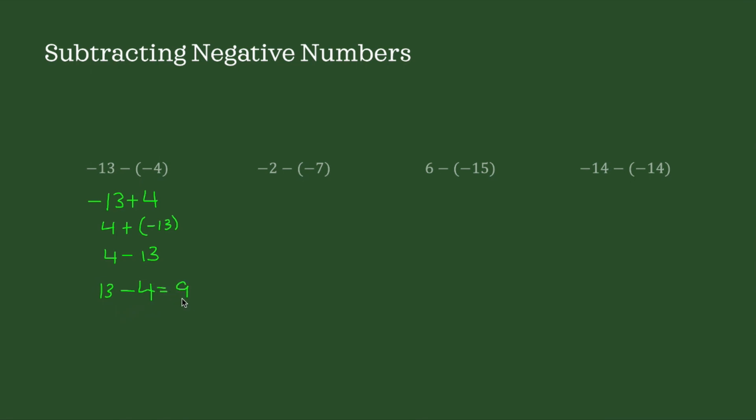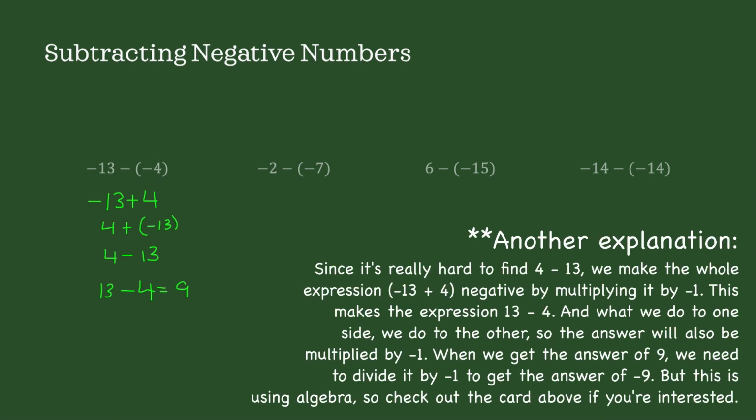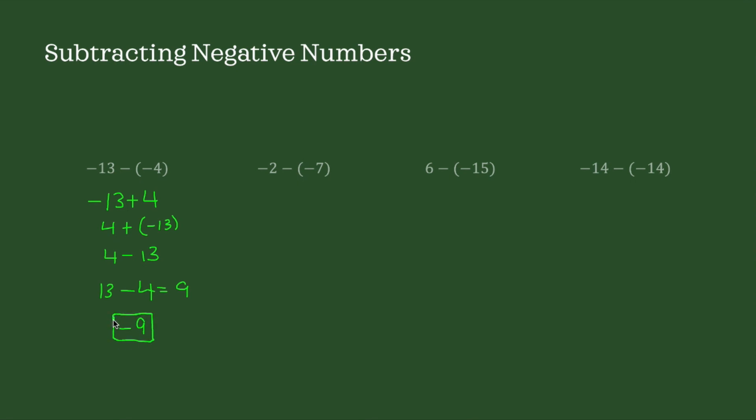But why should I do that? Well, since negative numbers are a mirror image of the positive numbers on the number line, we have to do the opposite thing to get the answer. So instead of 4 minus 13, we have to do 13 minus 4 to get the answer, and then turn that answer into a negative number. So this is equal to negative 9. And again, if you don't believe me, check it on the number line.